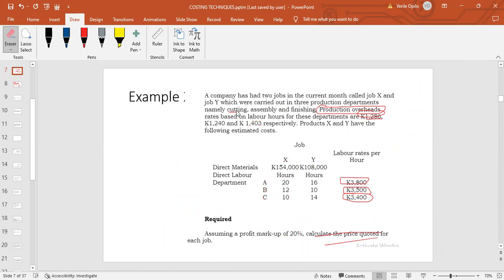And in addition to that, how much will be the price that the company should quote if they add that profit markup of 20%? So take a few minutes to work out this item, for job number Y.